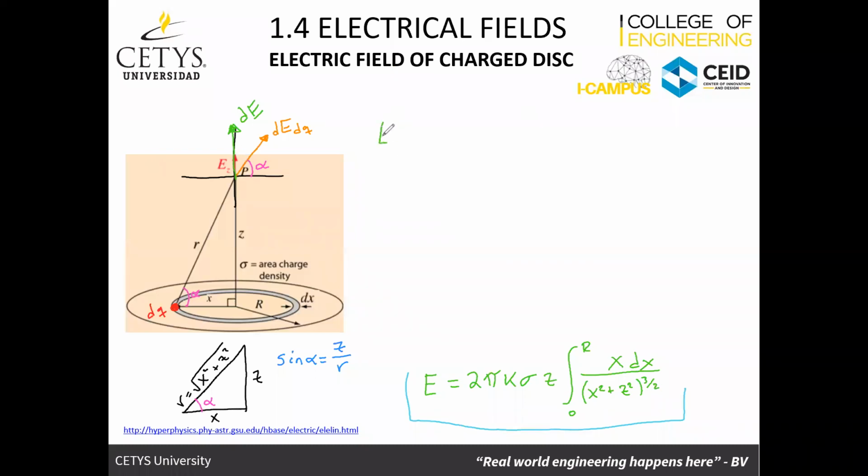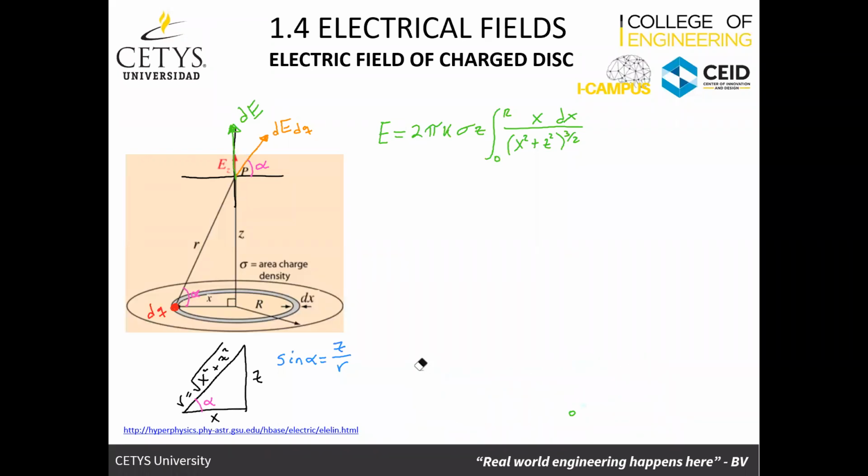So what we're looking for is E equals 2 pi k sigma z, the integral from 0 to r of x dx divided by x squared plus z squared to the 3 halves. That's what we are going to be looking for.